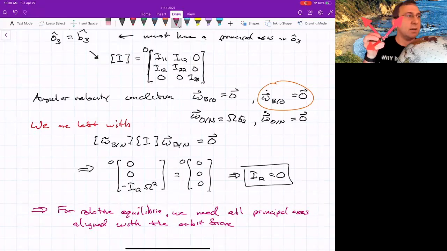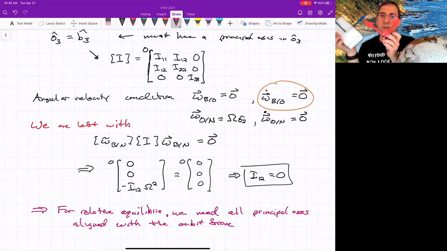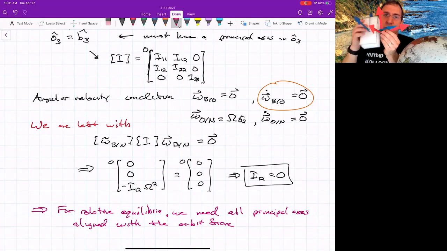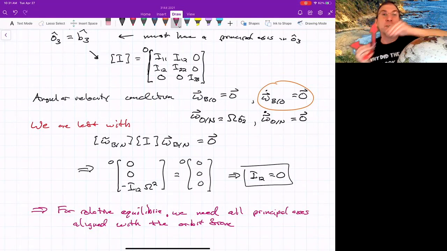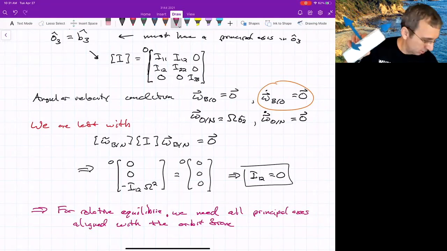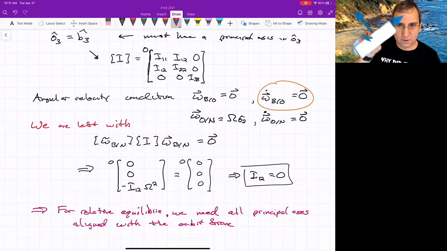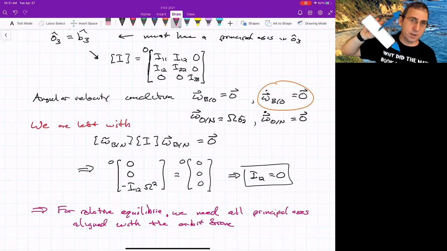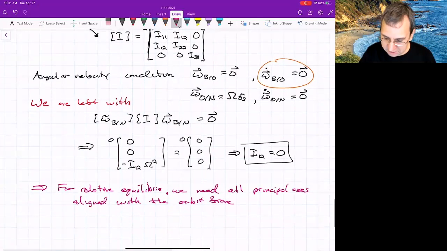What we need is the principal axes to be aligned. And you could be anti-aligned. There's a bunch of different configurations that will work. That's an equilibrium. We don't yet know if they're stable. And by stable, we mean if you perturb a little bit, will the gravity torque restore it, or will the gravity torque take you further away? So we need to consider that.